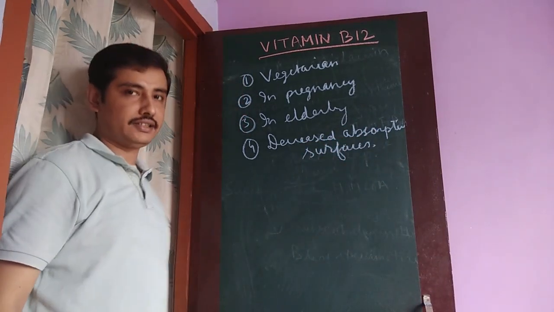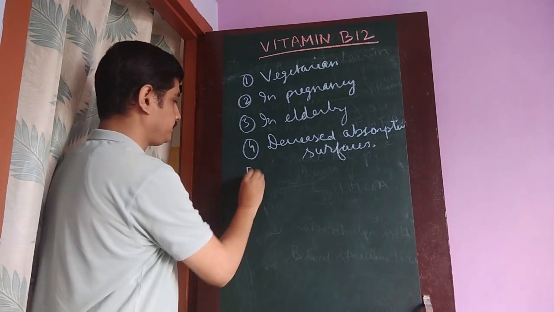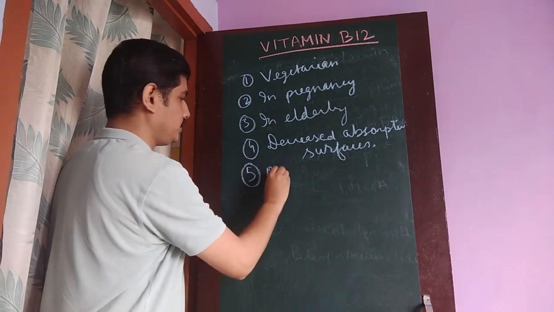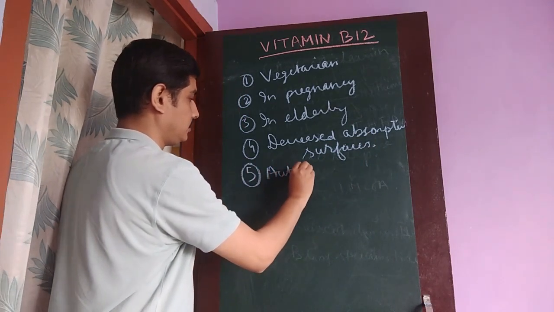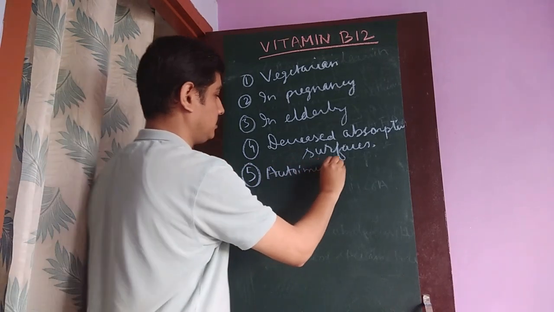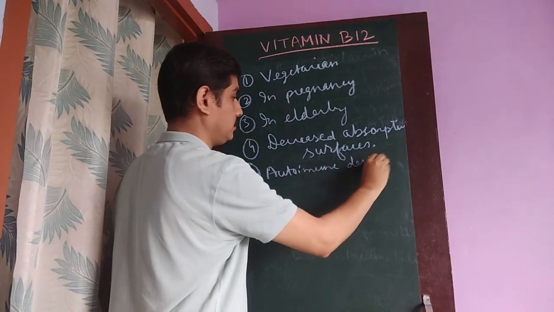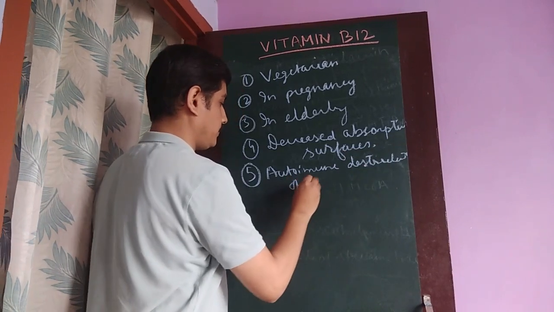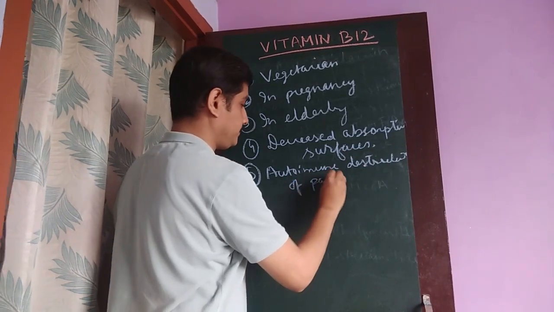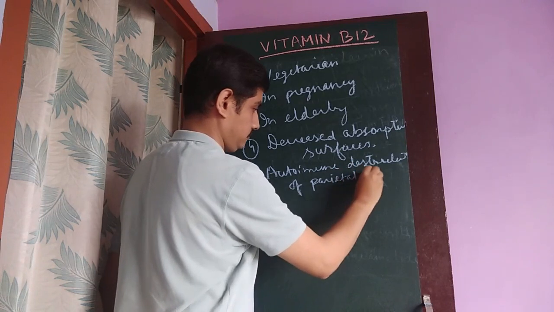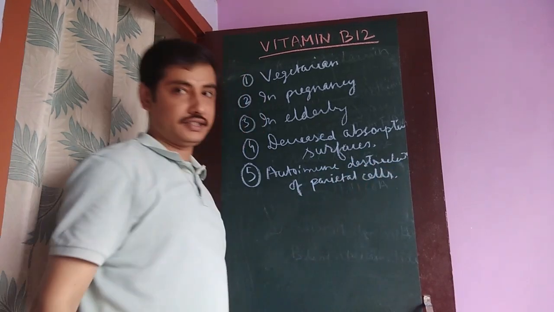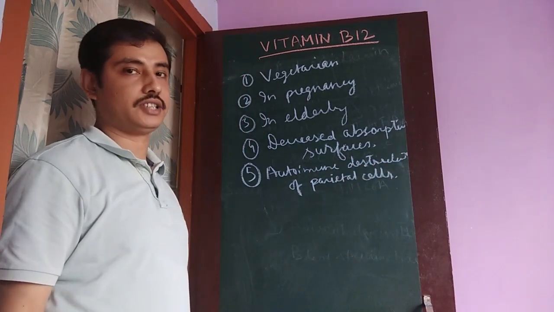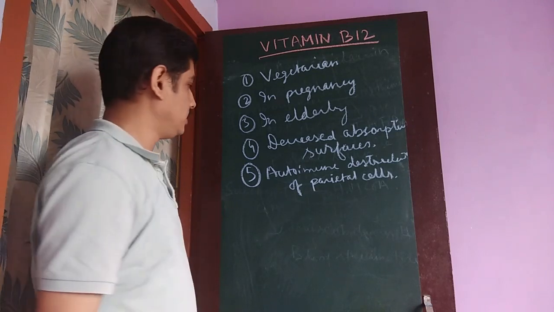Then when there is autoimmune destruction of the parietal cells of the stomach, which secrete the intrinsic factor. If there is no intrinsic factor, we cannot absorb vitamin B12.